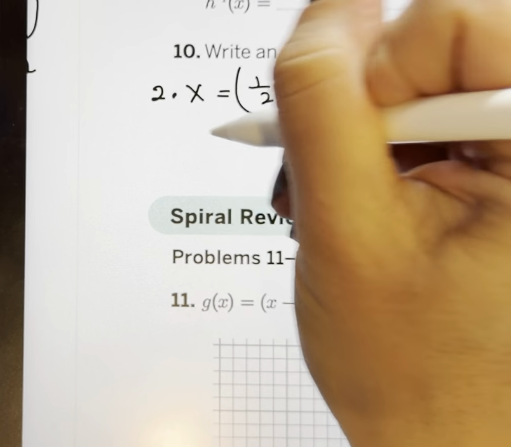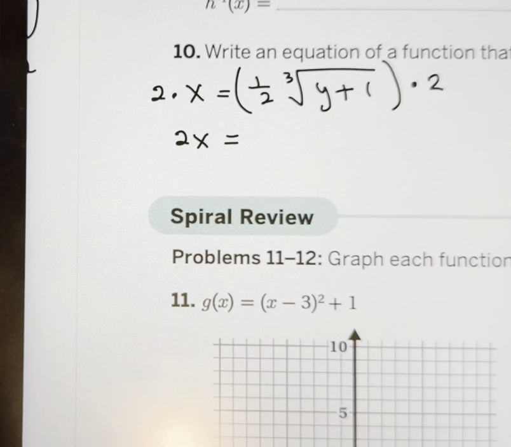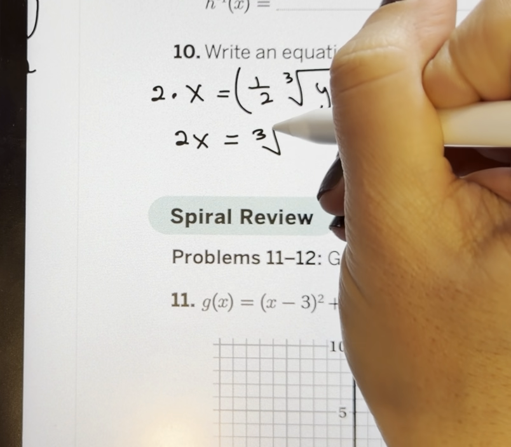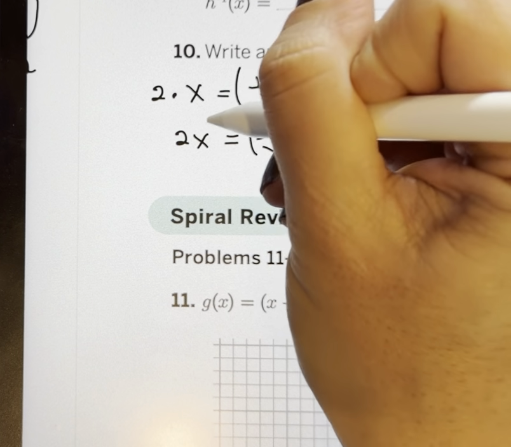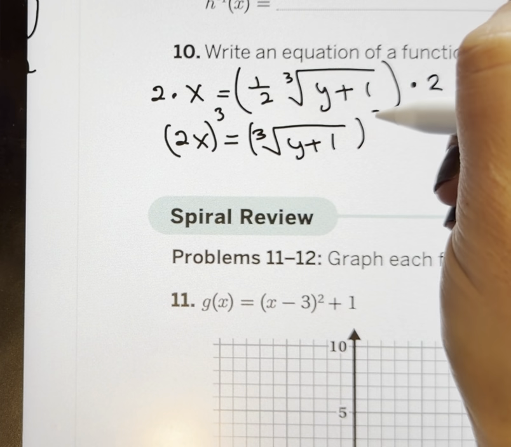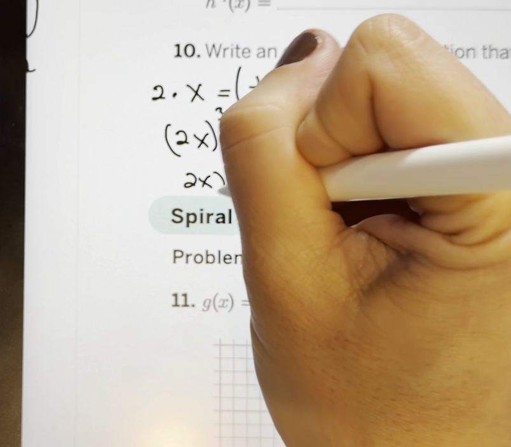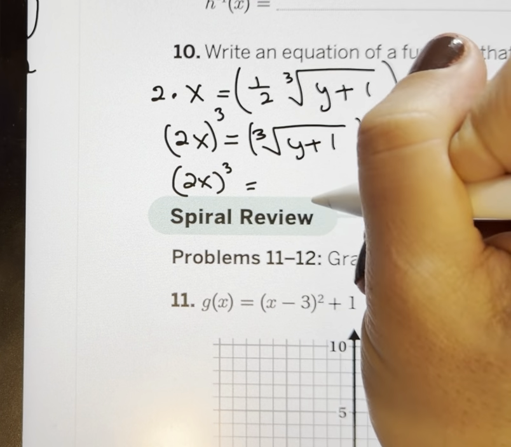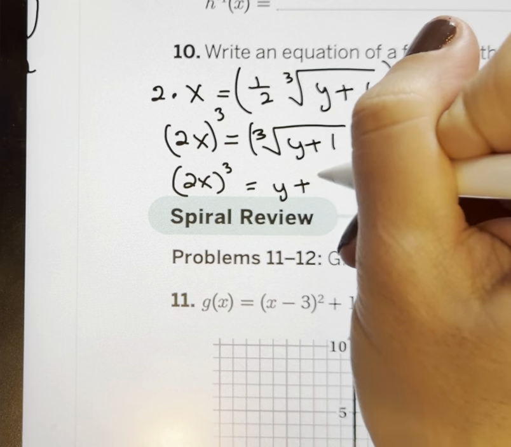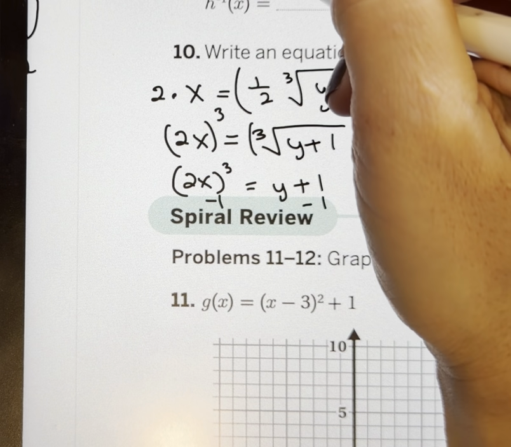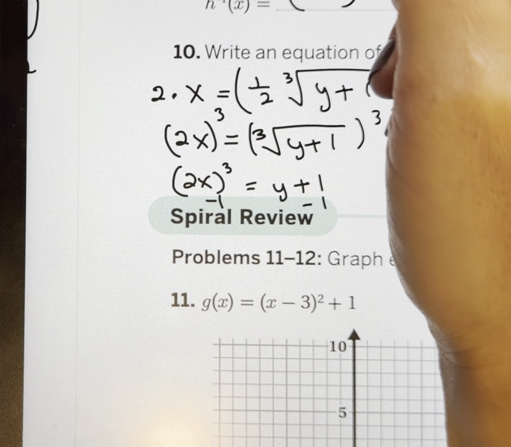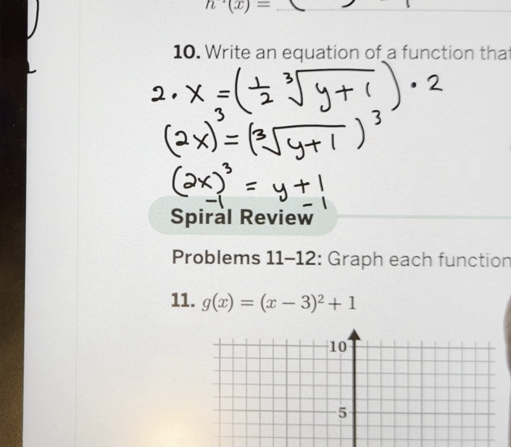We'll multiply both sides by 2 to get 2x equals the cube root of y plus 1. And then we will just cube both sides to get 2x cubed equals y plus 1. And now just minus 1 on both sides. So we get 2x cubed minus 1.